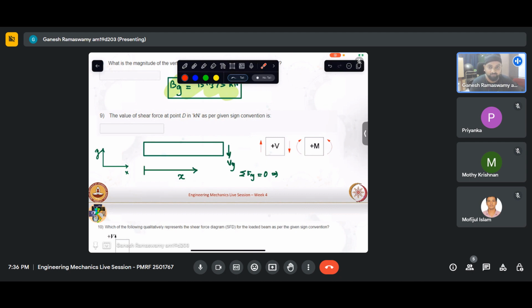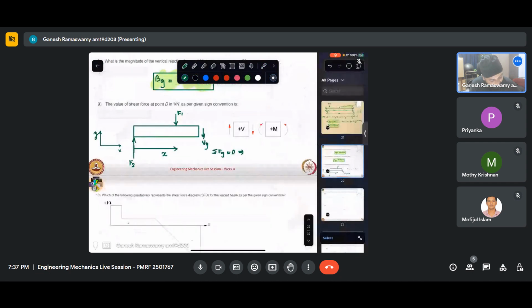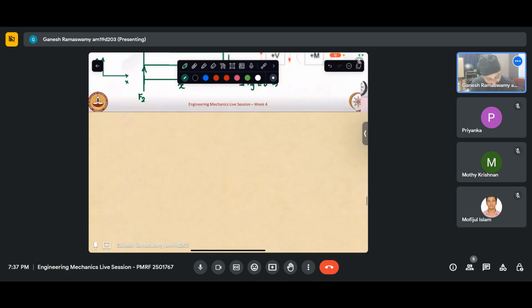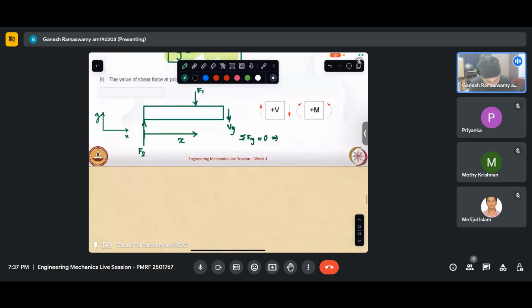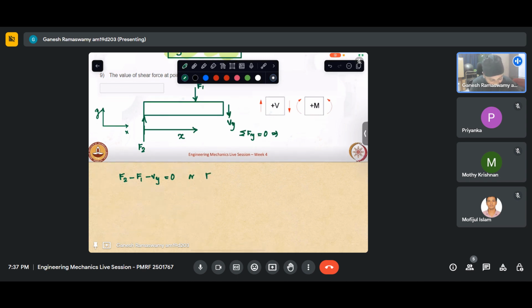What I meant to say is, if let us say there is some force F1 here and a force F2 here, when I apply sigma Fy equal to 0, it gives me F2 minus F1 minus Vy equaling 0. Or if I take Vy to the right side, it gives me F2 minus F1 equal to Vy.